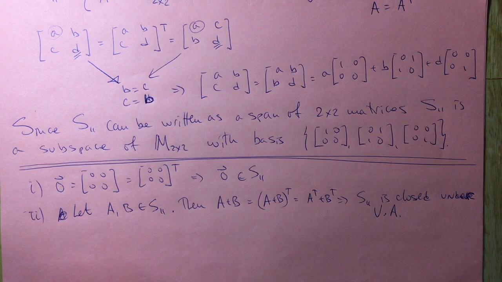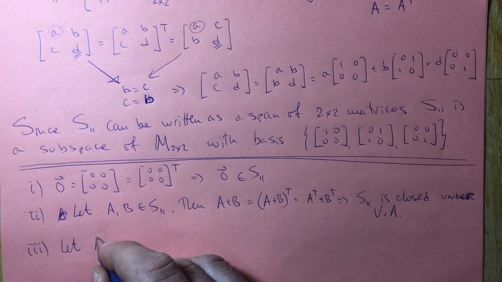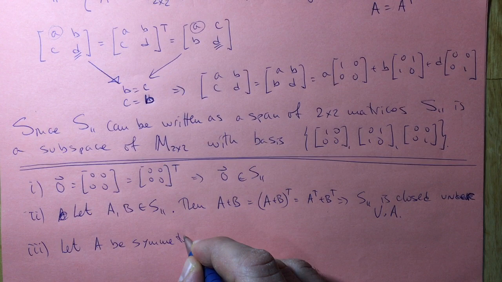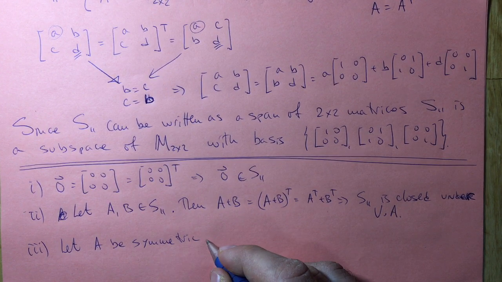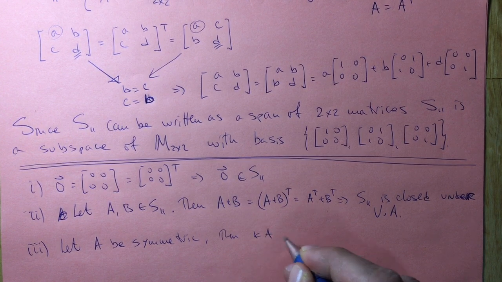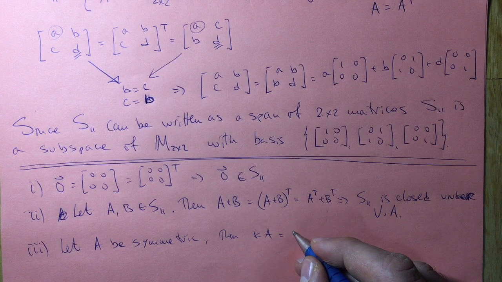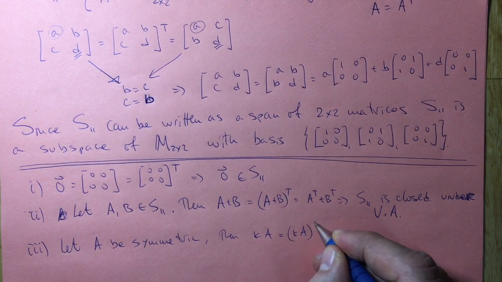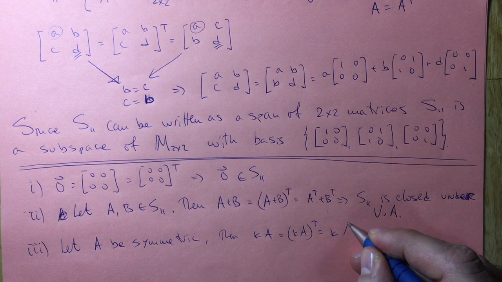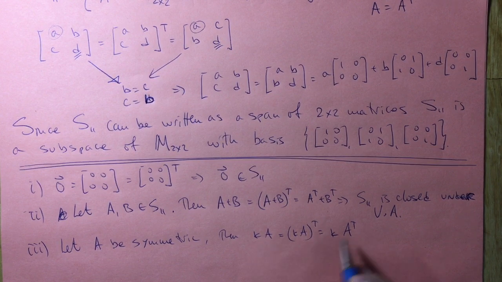And to show that S11 is closed under scalar multiplication, let A be symmetric. Then K times A will also be equal to (K times A) transpose, because by properties of transpose matrices, this is K times A transpose, and this equality holds because A is already equal to A transpose since A is symmetric.